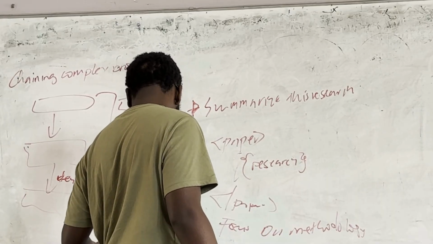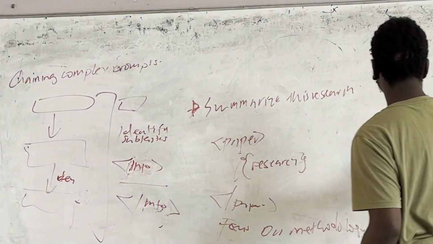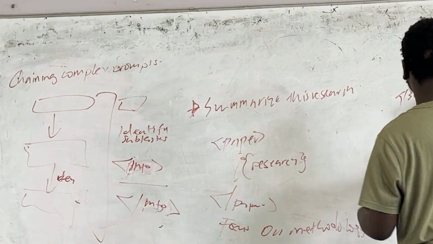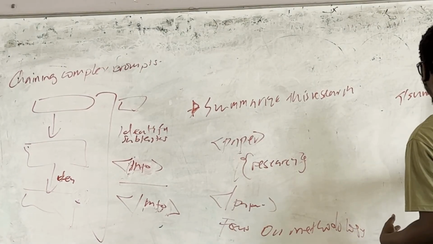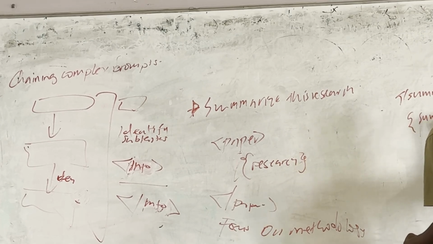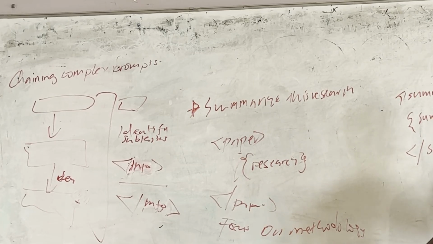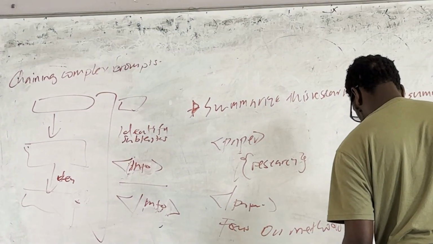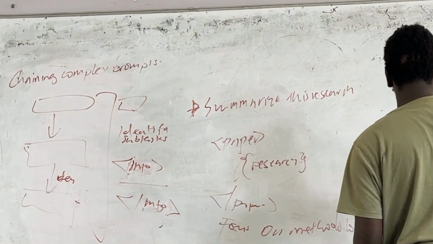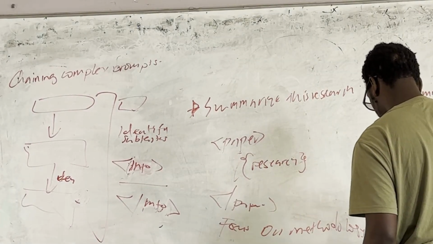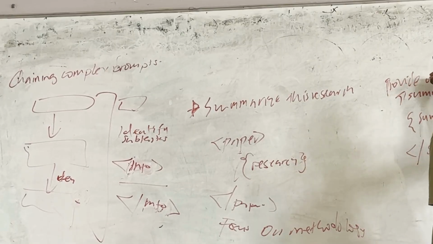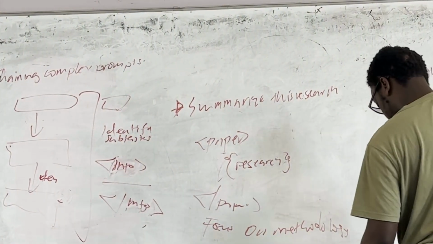Using that output, the summary you've gotten, you attach it, and then you prompt the AI to provide feedback on this particular research paper, based on the summary you attached.